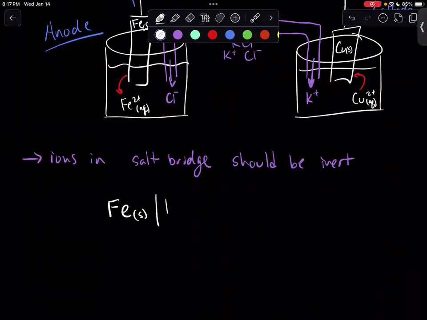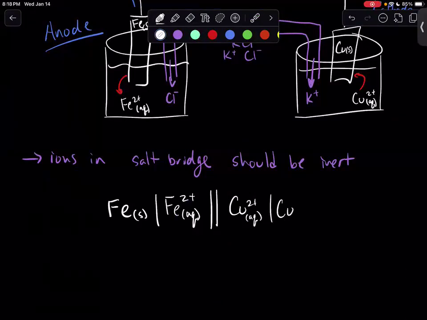We're going to draw our phase boundary, iron 2 plus aqueous. And now for a salt bridge, we use two vertical lines, and that represents our salt bridge. Then we write our copper 2 plus aqueous, and it just mirrors on the cathode side, copper solid.